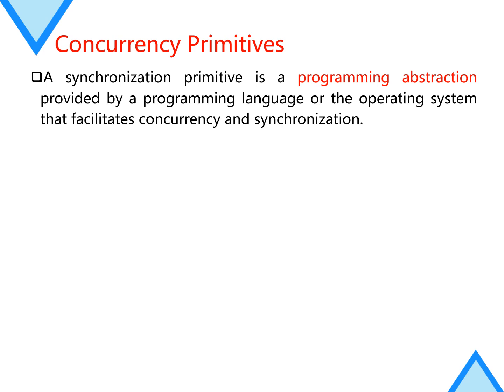In the case of operating system, we call it multiprocessing. But in the case of programming, we say multi-threading, because in programming we have to control multiple threads through synchronization. In operating system we have to synchronize multiple processes and multitasking systems. So it is the programming abstraction provided by a programming language or the operating system that facilitates concurrency and synchronization.